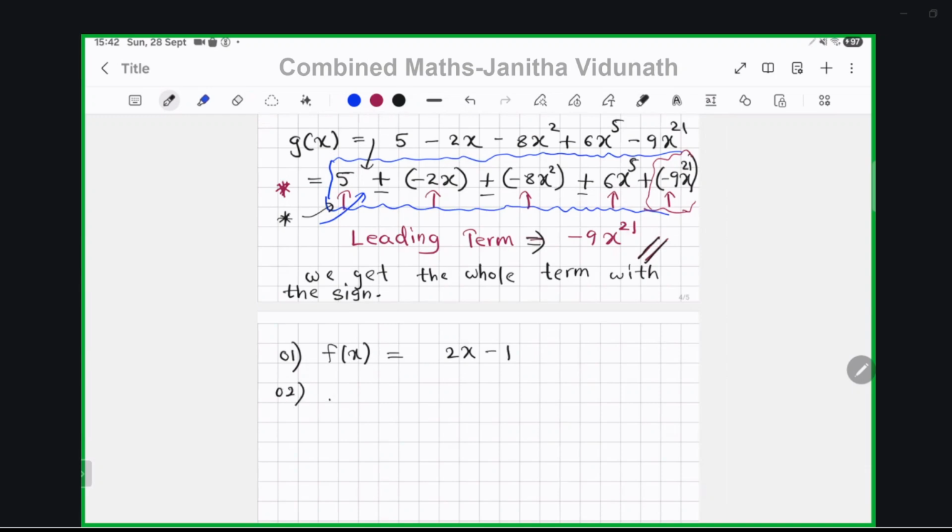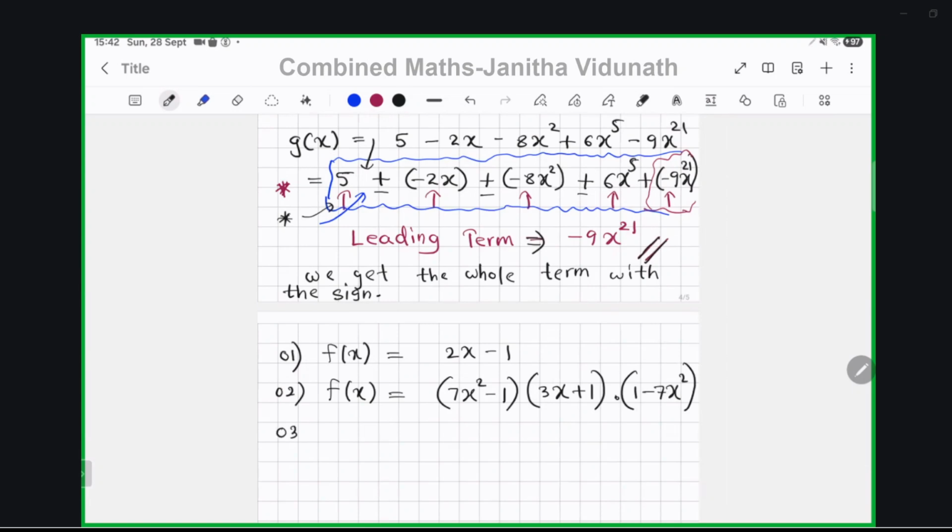Second one is f(x) equal to 7x square minus 1 times 3x plus 1 times 1 minus 7x square.